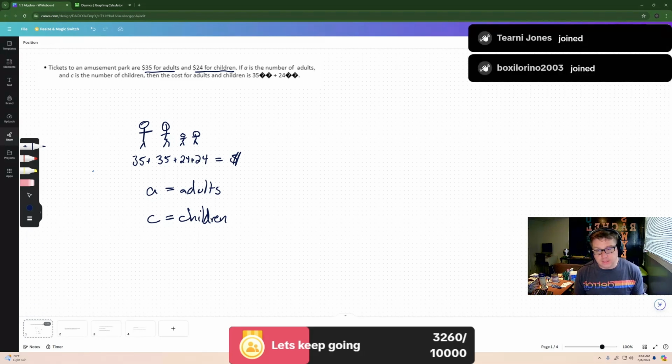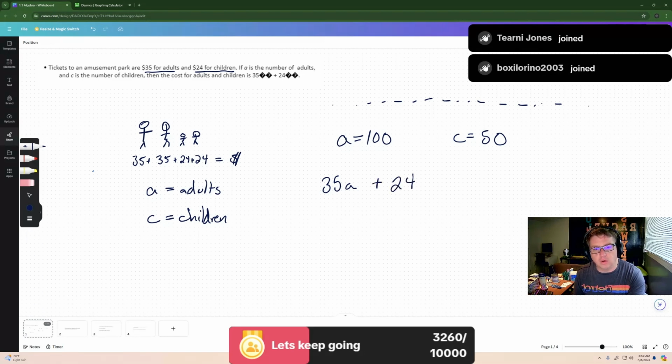Instead of adding all of these numbers together, we say there were 100 adults and 50 children. Each adult costs $35, and then we add the $24 per child to get a total for our daily money that came into this amusement park.